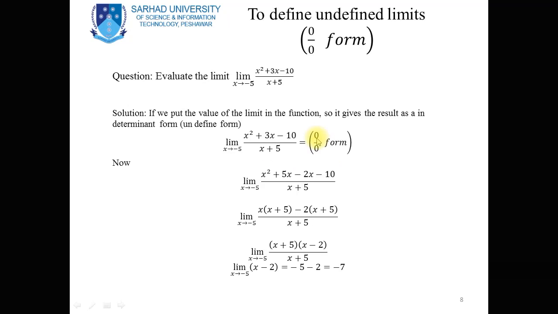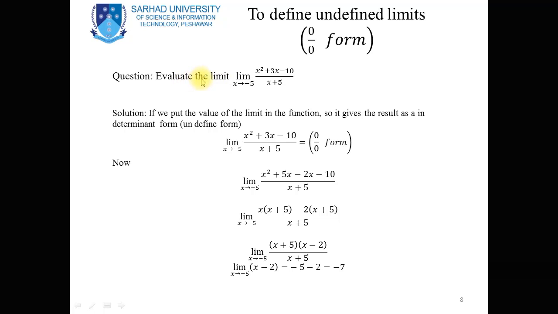Now we are going to discuss some undefined limits which we can define. How to define this 0 by 0 undefined form of the limit?